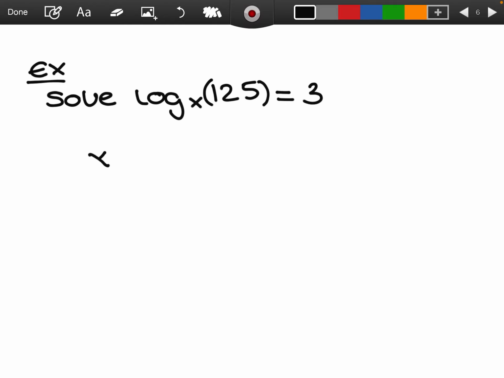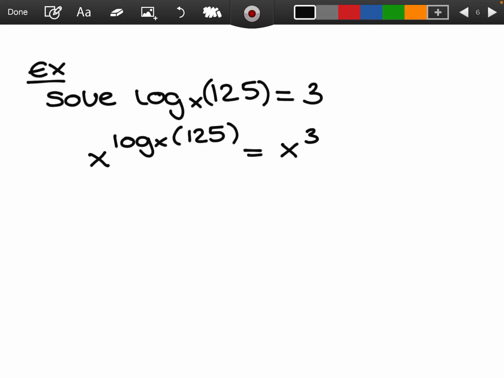I'm going to raise both sides as a power of my base. Log base x of 125 means I'm asking what power do I have to raise x to get 125.